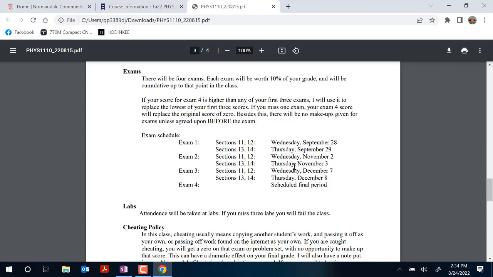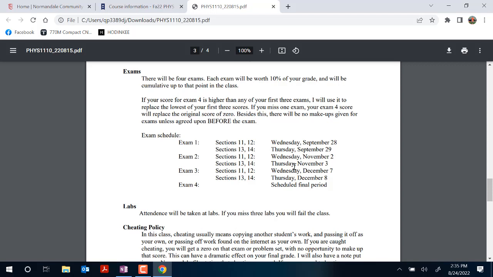And the one sort of mulligan that I give you, if you mess up one of these exams, one of the first 3 exams, and then you do better on the final, the last exam, that last exam will replace your lowest score on the first 3.